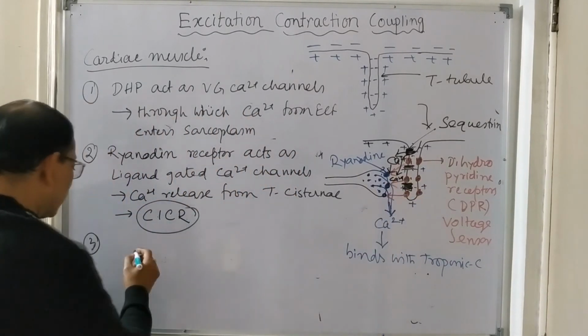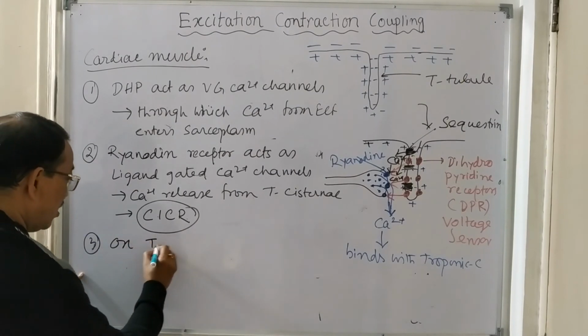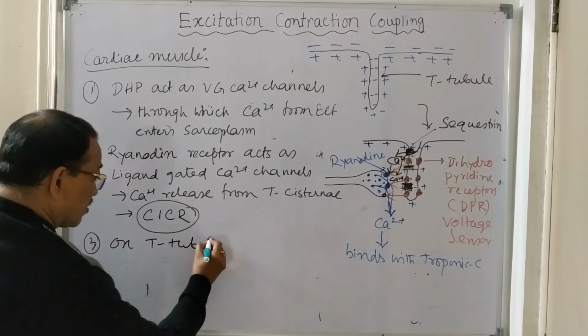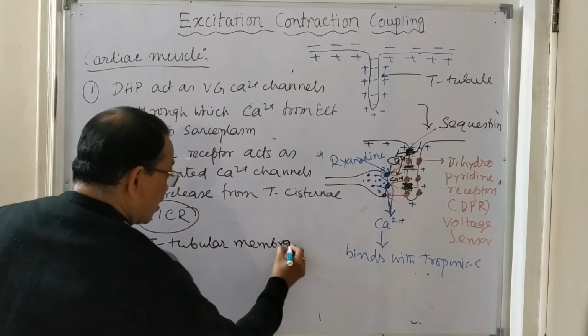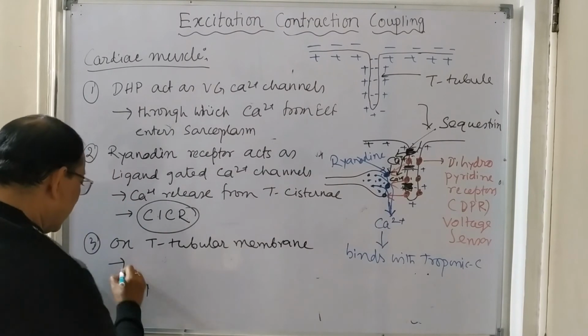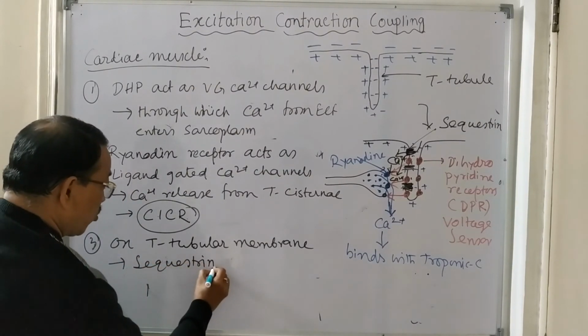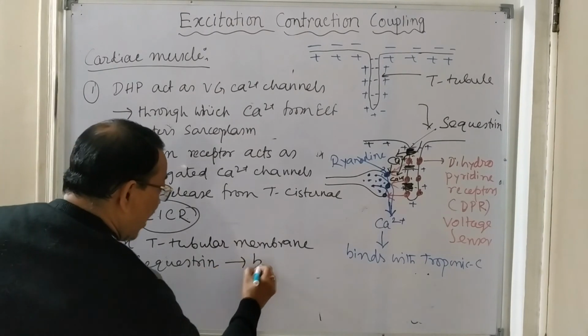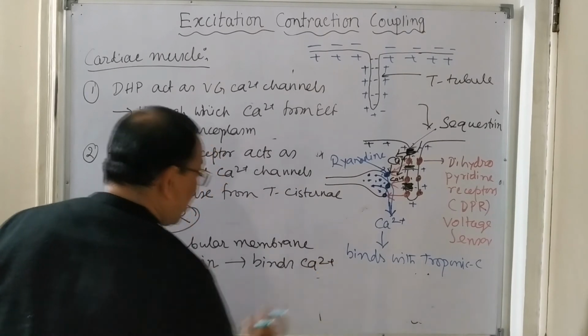So in this case, on the T-tubular membrane, there is sequestrin protein which binds calcium ion normally.